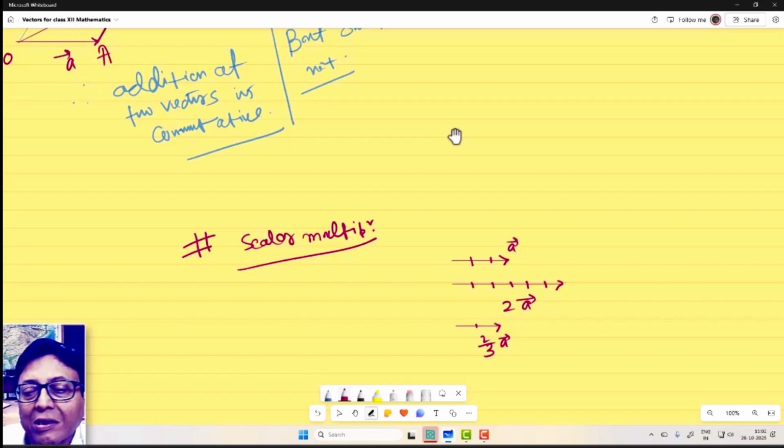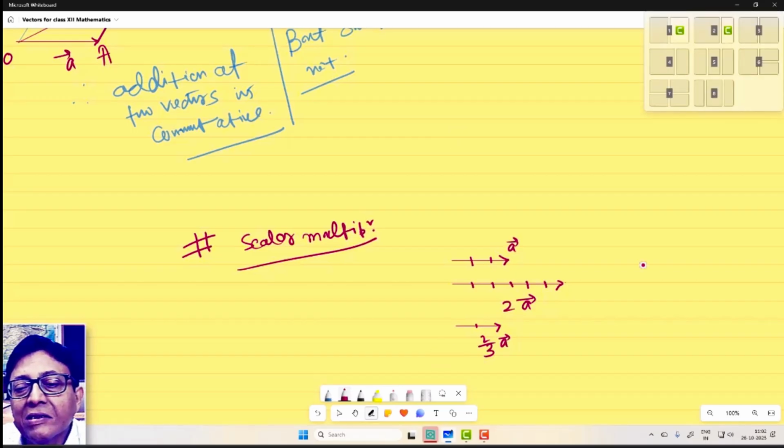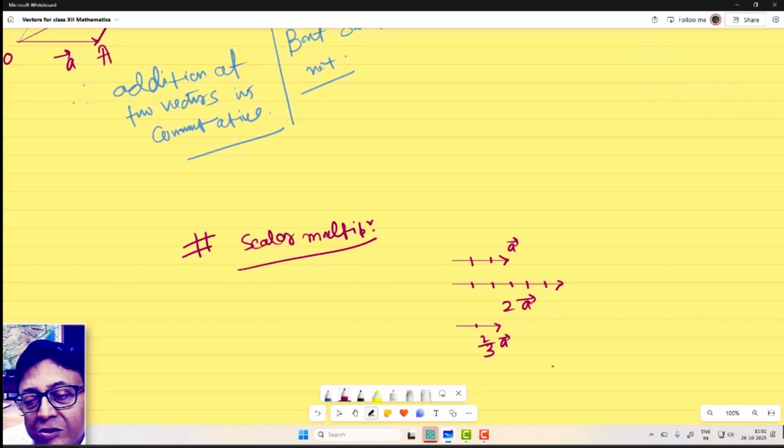A bit smaller, okay. 2/3 A. What about the minus A vector? If this is A, say you want to write the minus 2A vector. How to write? Minus 2A will be just opposite. Same magnitude, just opposite. This will be the minus 2A vector.